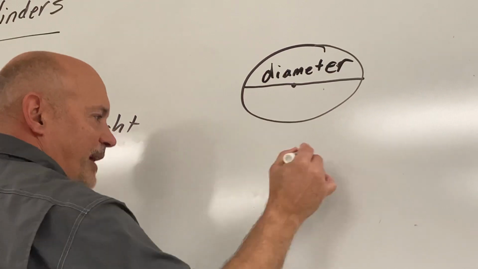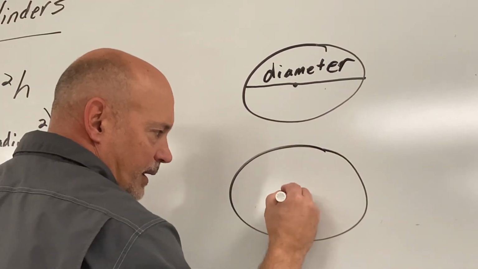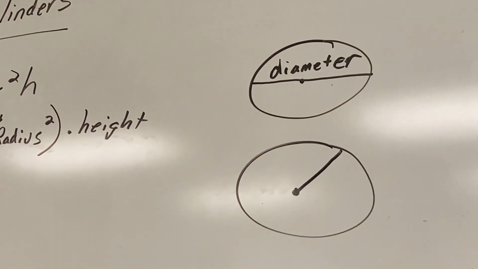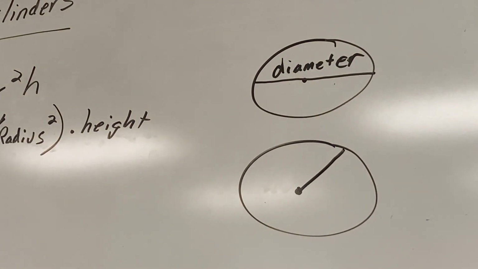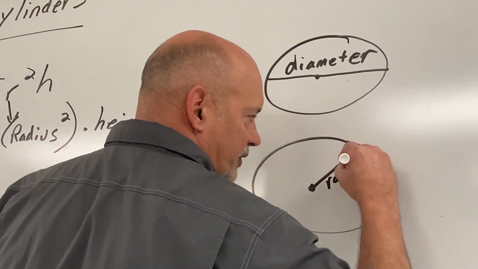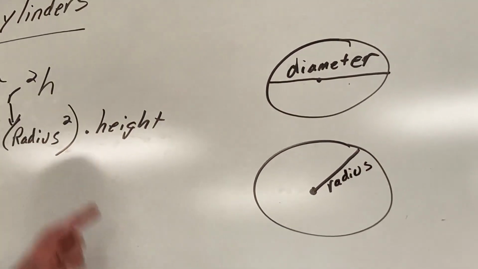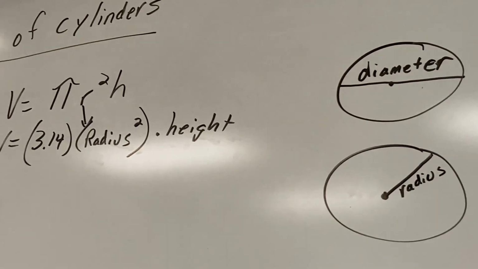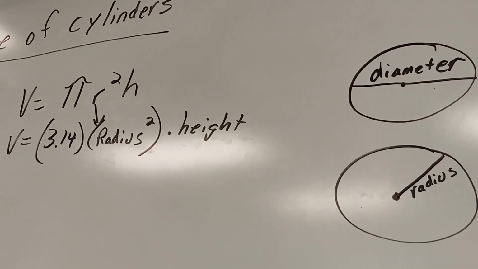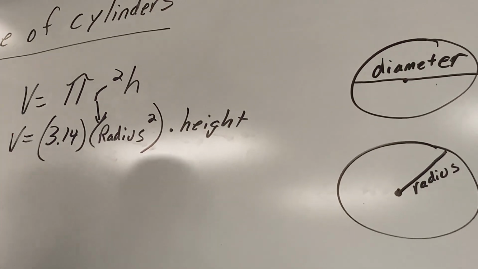If I have a circle, and I've got a line that goes from the middle out, what do we call that? Radius. You always want to use the radius and not the diameter in this formula. Okay, questions so far? I think we're ready to do a few. Let's go.